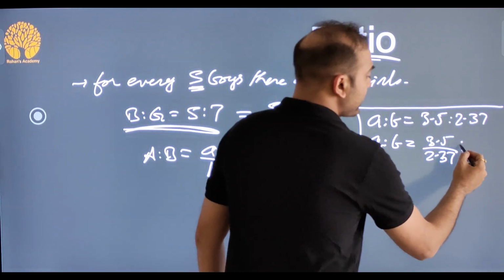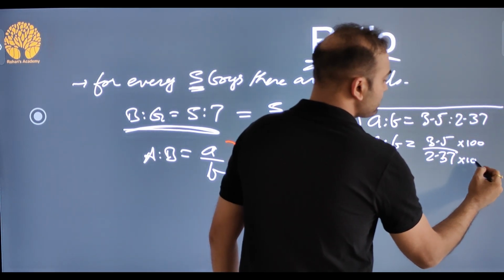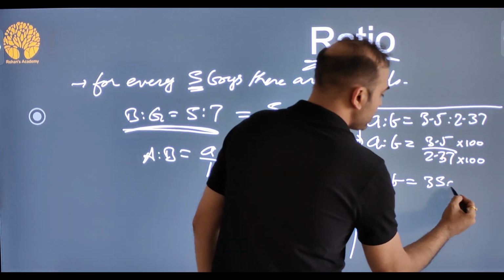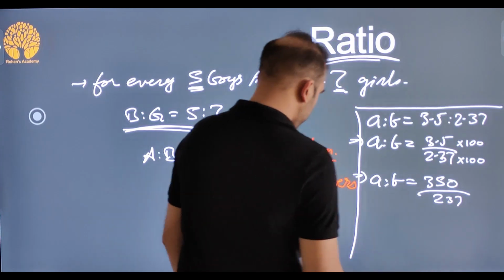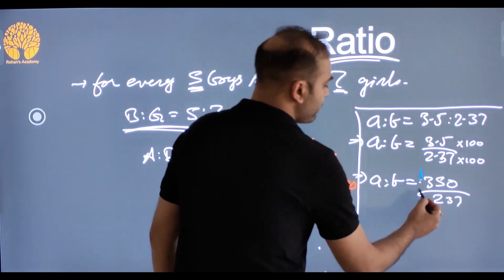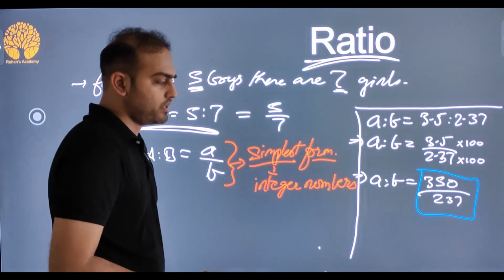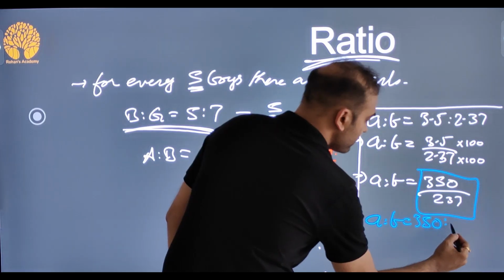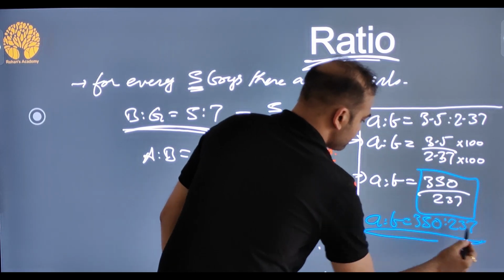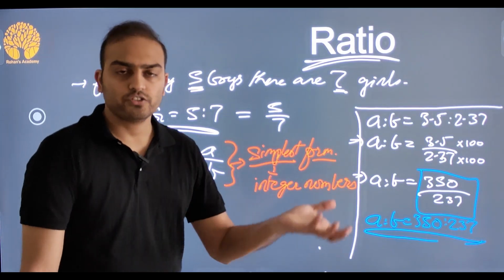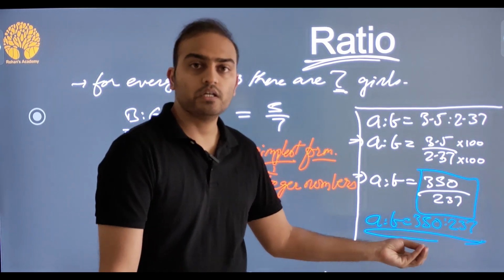Let's multiply this by 100 to remove the decimal. So we get A is to B as 350 by 237, or A is to B is 350 is to 237.